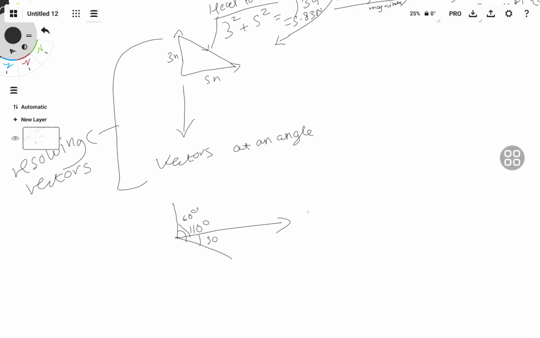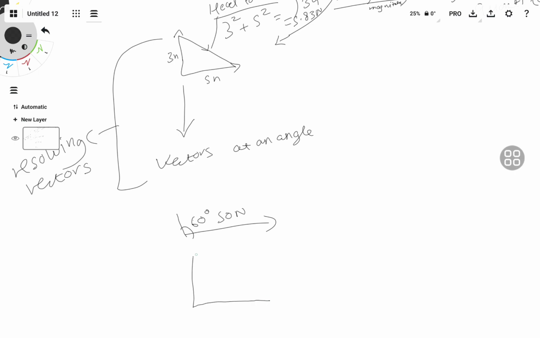With 50 degrees we would have a horizontal and vertical component, which would be cos 50. Let's say the force is 10 Newton. No, actually let's say we have a force like this, 50 Newton acting at an angle of 60 degrees.